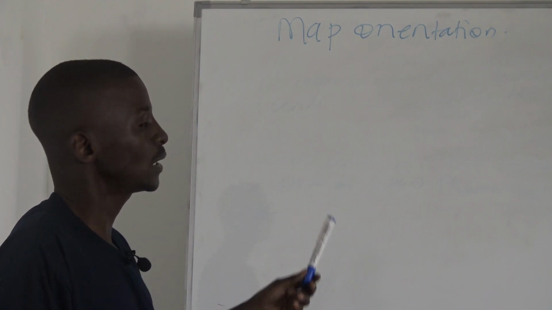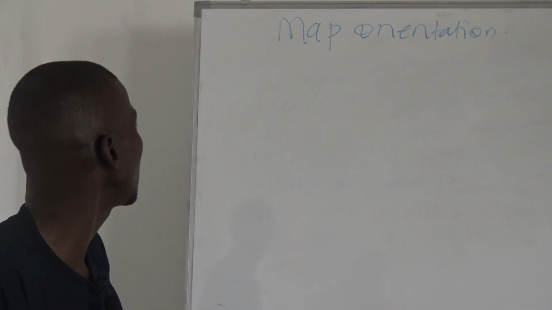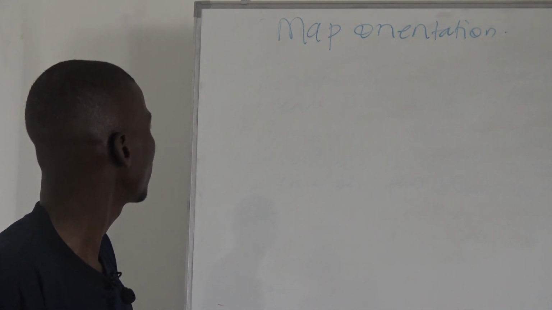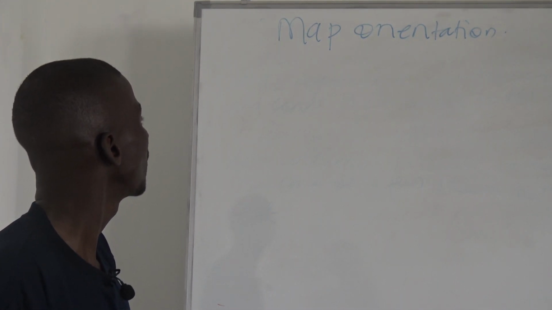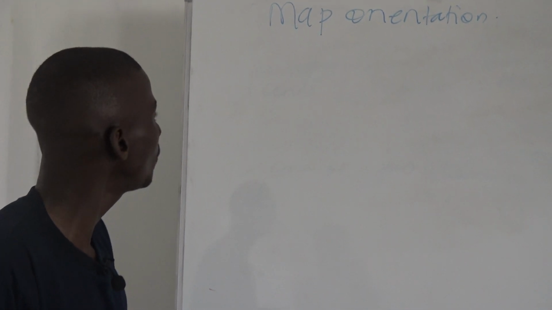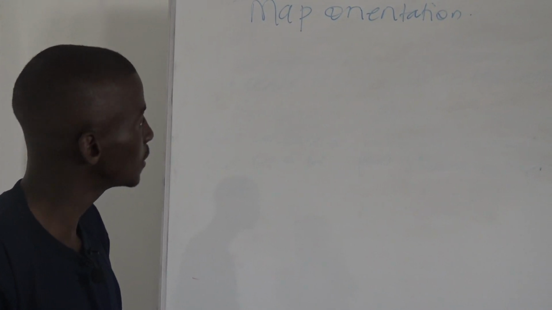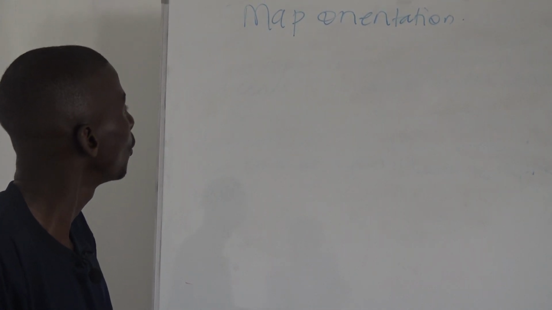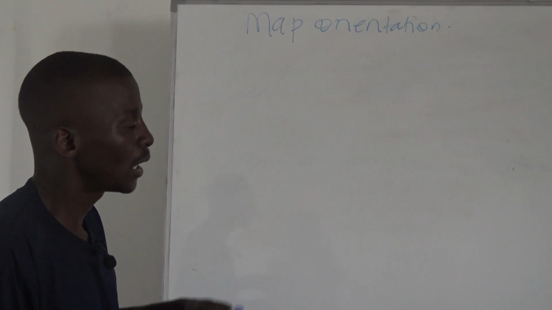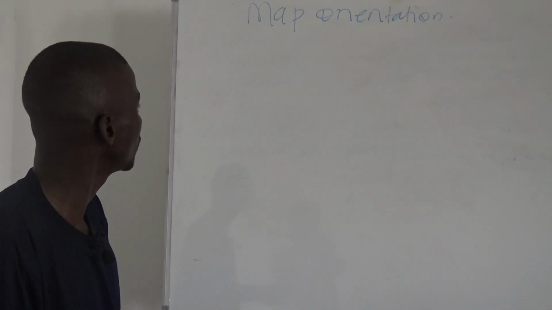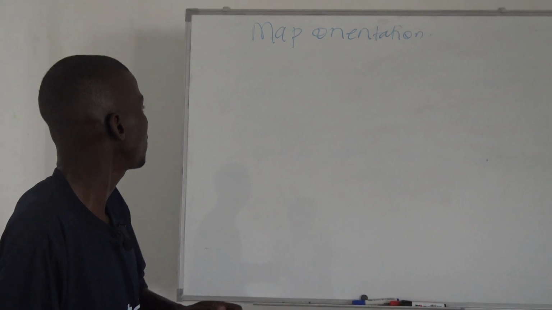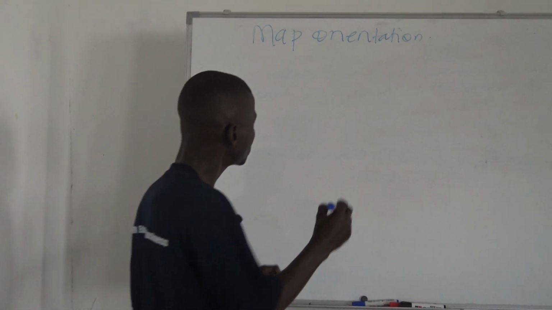He locates places based on the already drawn map he has been using. That one is said to be map orientation. It's not common because rarely do people move with maps, and so it is not highly used. But however, it is also another method, as we have said.